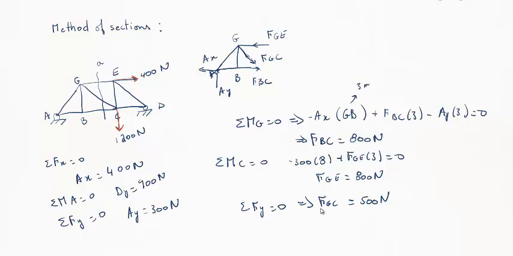Now the first thing we can get out of this is AX. So first, of course, we have AX here, AY, and DY.